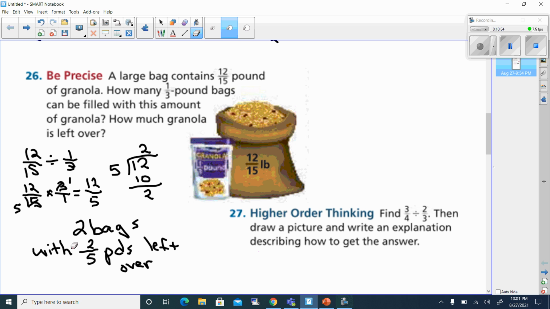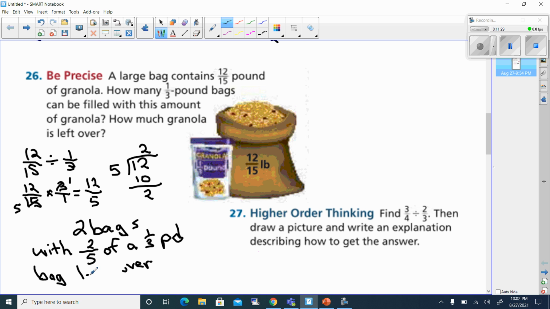So in actuality, we will have 2/5 of, let's see, we have to reword this, 2/5 of a 1/3 pound bag left over.